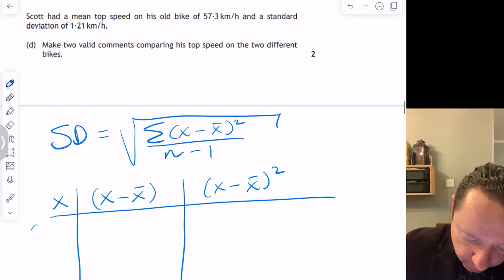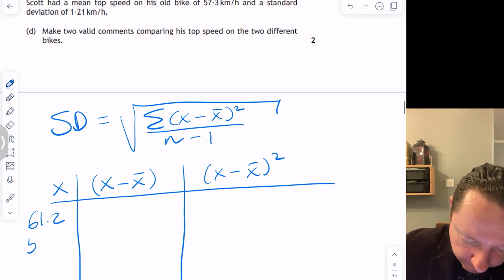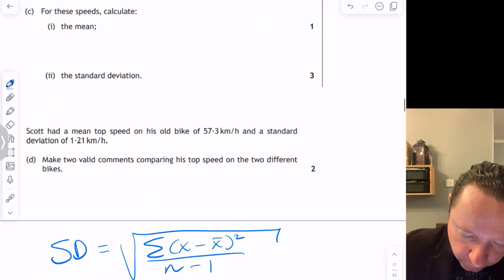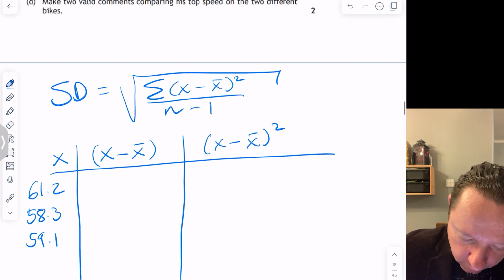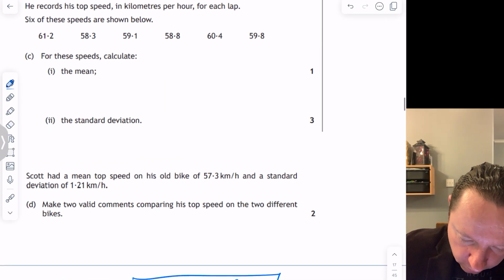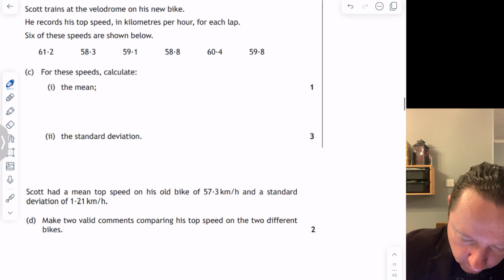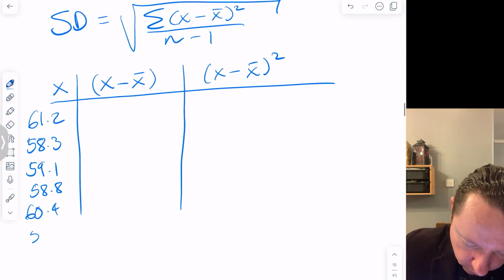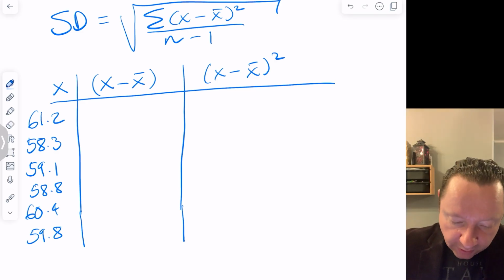61.2, 58.3. So I've now got all my numbers on my table, so I can work out the mean, which is x bar.